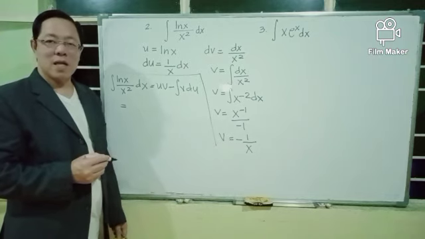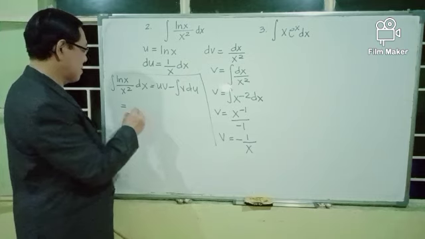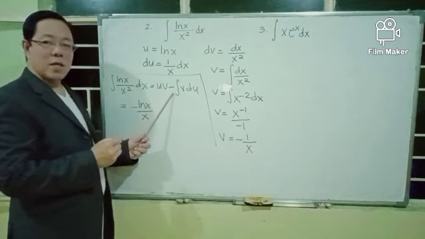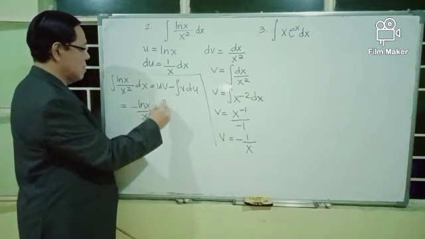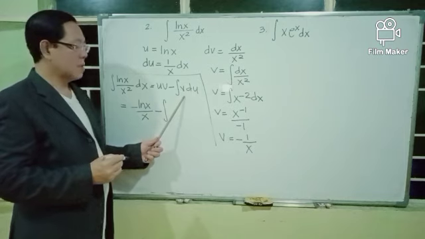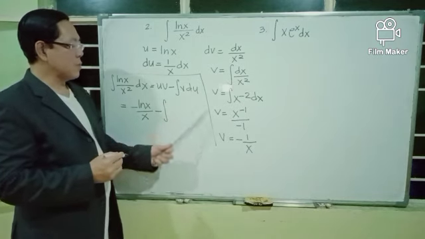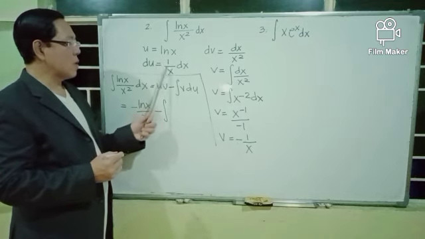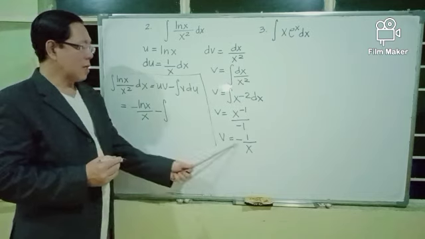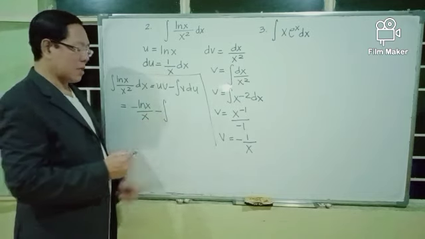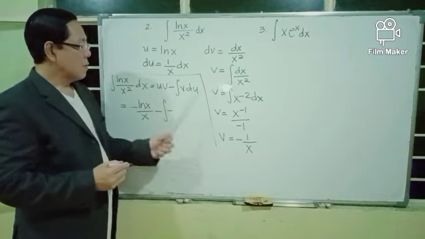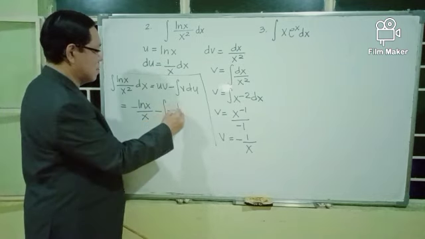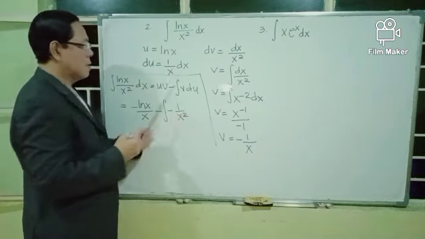We get negative ln x over x. Minus the integral of v multiplied by du. v is negative 1 over x multiplied by du, 1 over x dx. Negative by positive is negative. 1 over x times 1 over x is 1 over x squared dx.